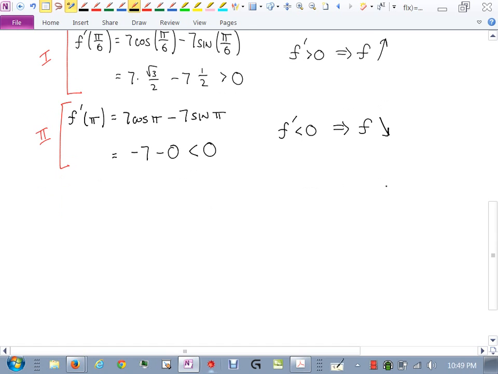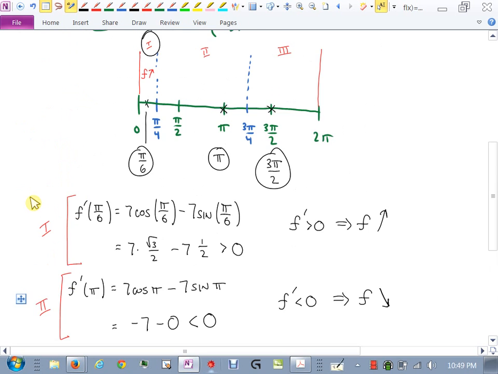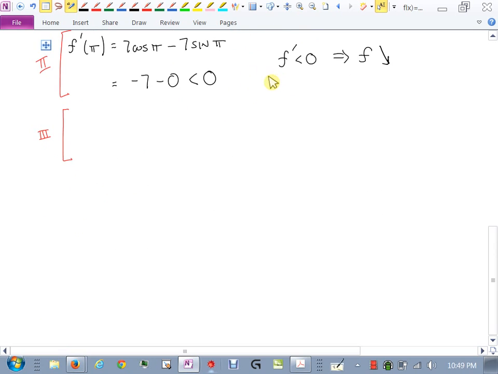And then I'm going to look at the last region, which is our third region. We had picked 3 pi over 2 as our test point. So I want to know what the derivative's value is at 3 pi over 2. That's 7 times cosine 3 pi over 2 minus 7 sine 3 pi over 2.